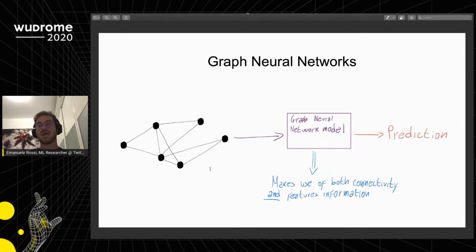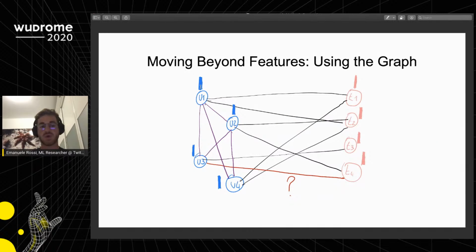However, many pieces of data in the world are very well represented as graphs. A recommender system is one, but you could also think of molecules, which are very naturally represented as graphs. Graph neural networks are able to take as input a graph and make use of both the connectivity of the graph, so the graph structure, as well as feature information. Features would be on each node, for instance, these vectors that we have here.